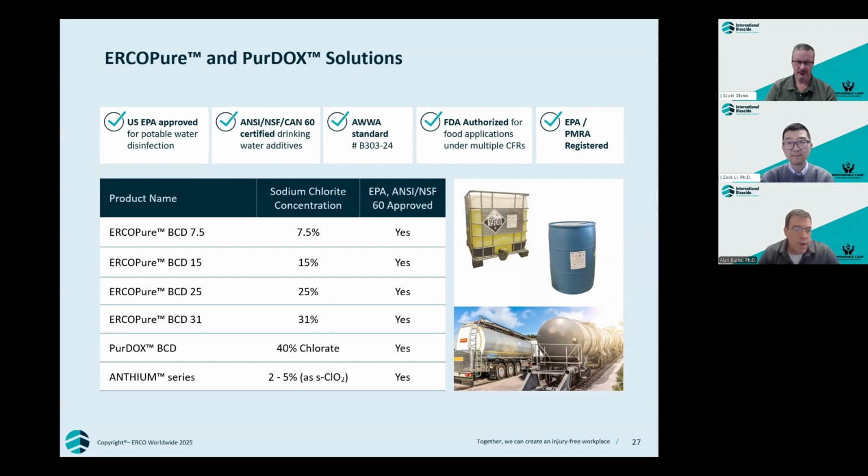The ERCO Pure product lines are available in several different concentrations for sodium chlorite. The Anthium series is also sodium chlorite based and used for a wider array of specialized applications. And the Byproducts material is what's used for the chlorate-based generation methods. And these can be ordered in drums, IBCs, or bulk delivery to the customer site.